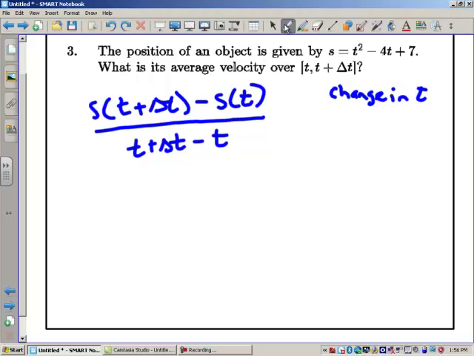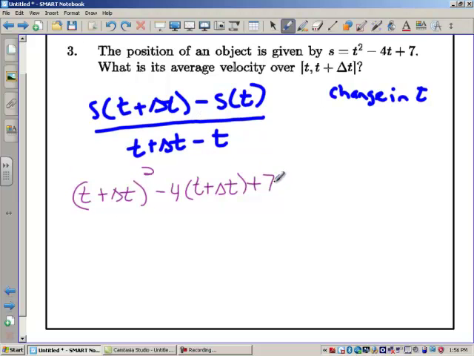So I've got to do the following. I'm going to have to drop down to a not so thick pencil. Let's go back to purple. All right, so s of t plus delta t would look like this. There's the t squared, but we're actually plugging in t plus delta t for t, so that's that squared, minus 4 times t plus delta t plus 7. There is s of t plus delta t.